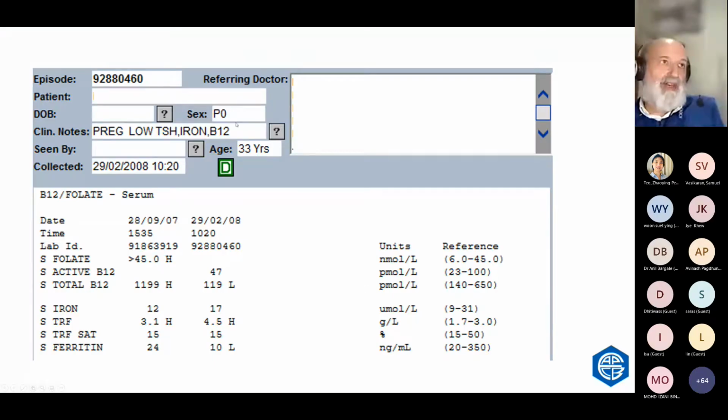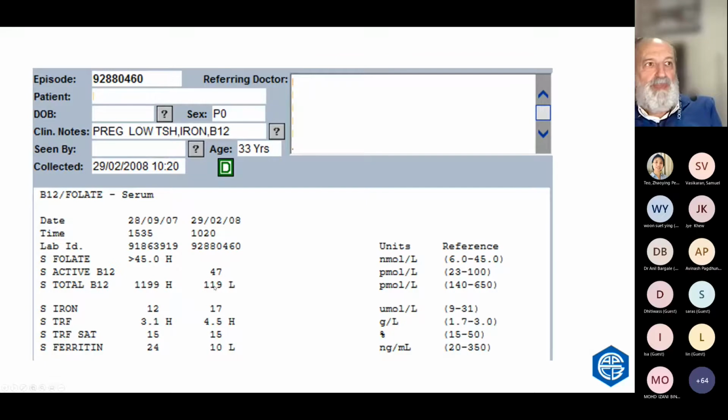So here's a woman who's pregnant. She's got an active B12, a holotranscobalamin of 47, which is normal, and she's got a total B12 of 119, which used to be 1,199. So that gives you a bit of a clue what's happening here, a bit like ferritin.